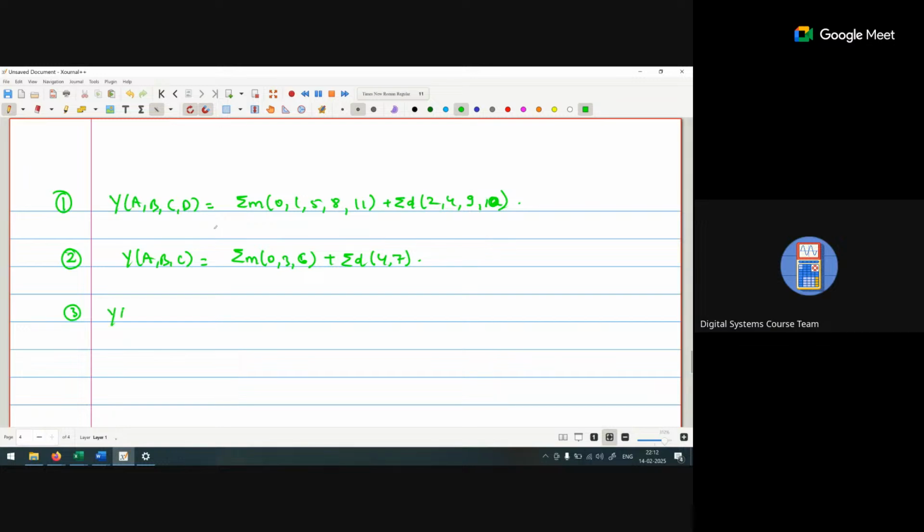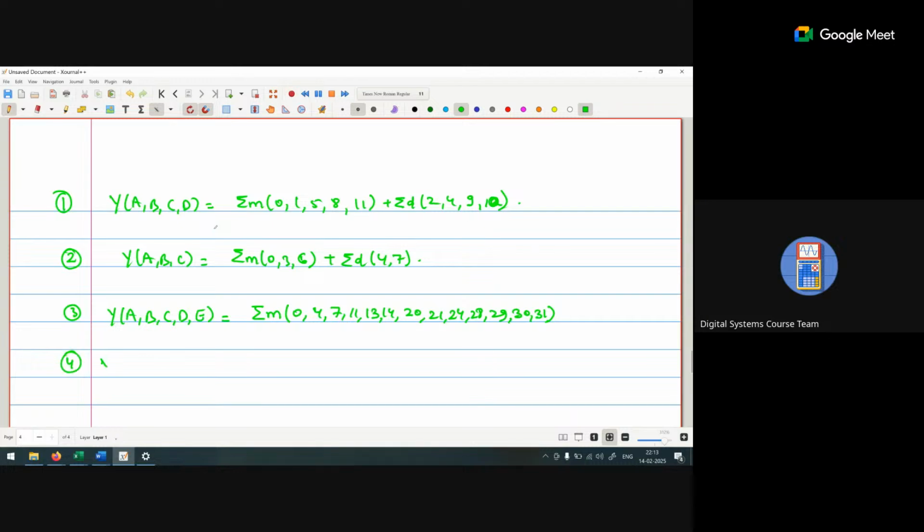Question number 3: A, B, C, D, and E is equal to sigma m 0, 4, 7, 11, 13, 14, 20, 21, 24, 28, 29, 30, and 31.